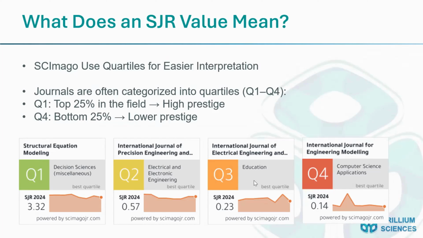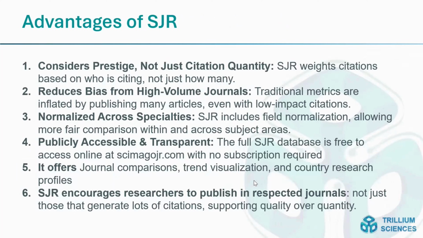So it's really important to use the quartiles when assessing the journal you are targeting or referencing through this website. So what are the advantages and limitations of SJR?